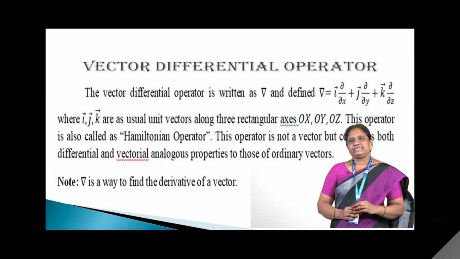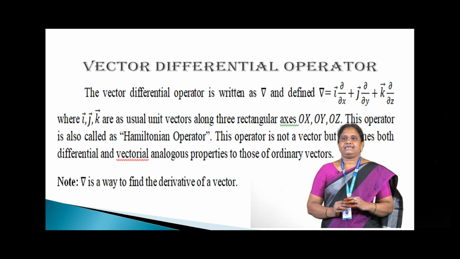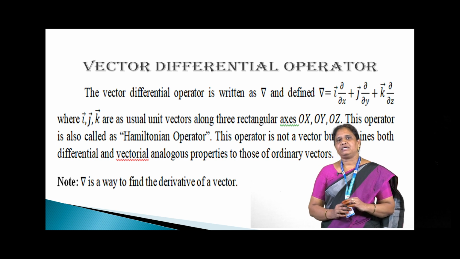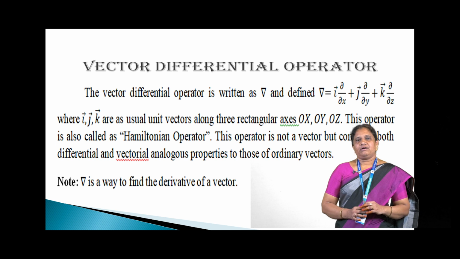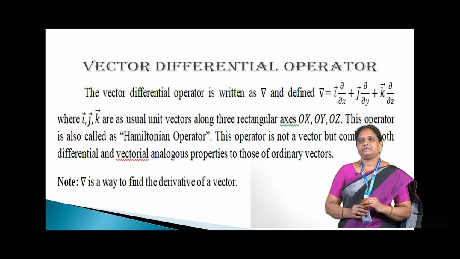Now let us see the vector differential operator. It is written as del, which is equal to i vector ∂/∂x plus j vector ∂/∂y plus k vector ∂/∂z. Already we have seen i, j, k are the unit vectors along the axes ox, oy, oz. And this operator is called the Hamiltonian operator.